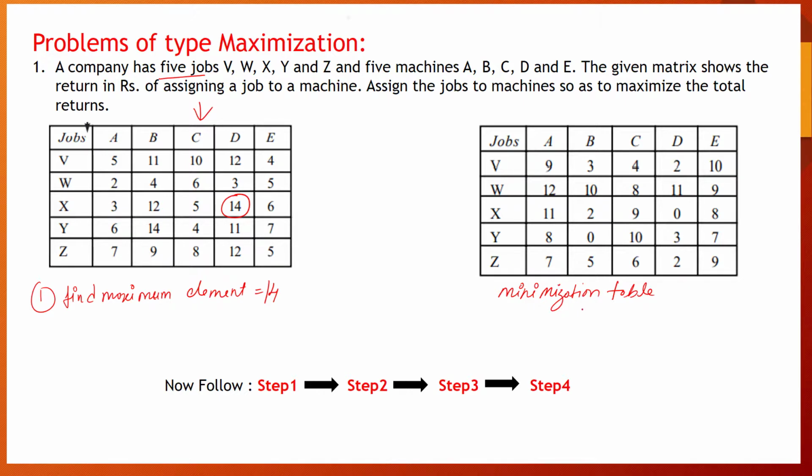Once we get the minimization table, the steps are the same as in the previous slides. Follow step 1, do the row reduction, then in step 2, column reduction. Step 3 is hatching with H or V lines. N should be equal to small n.